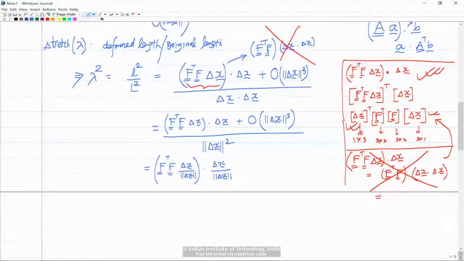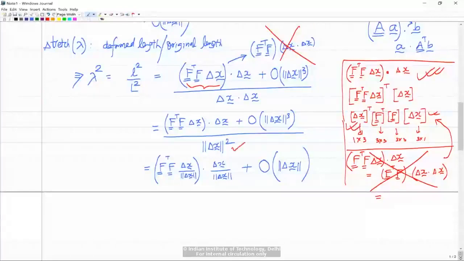What do you think? Can I do that? Plus big O, and what goes here? What is the leading order term now? What will be the exponent here? Well, let me write this as it is and then just explain to you what I have done.